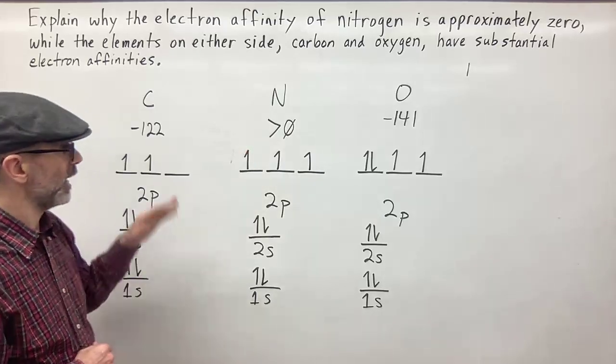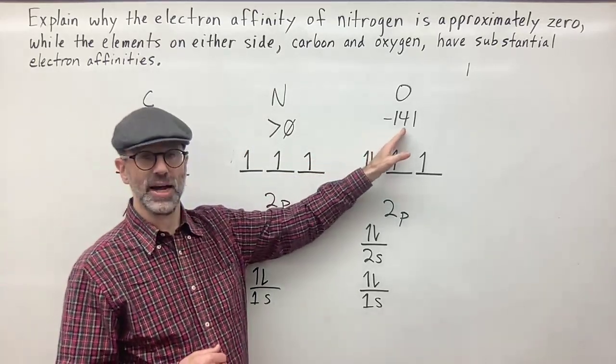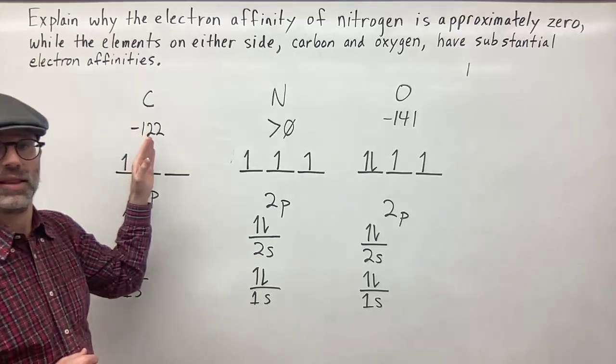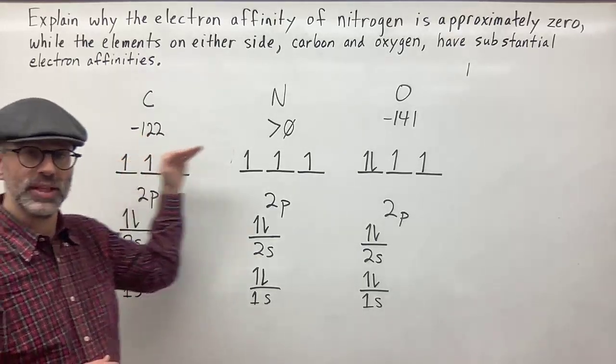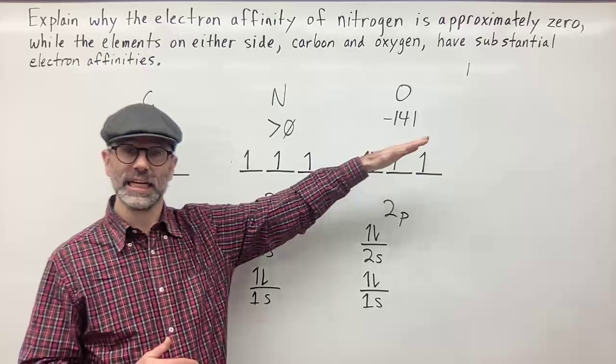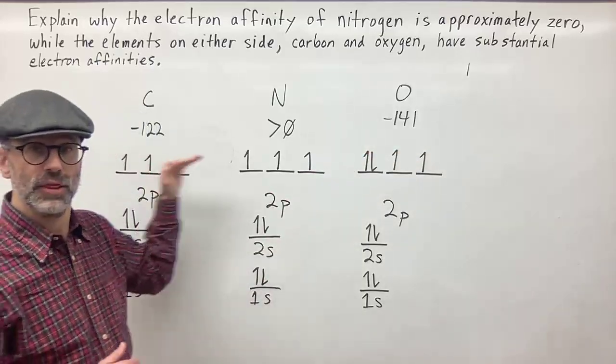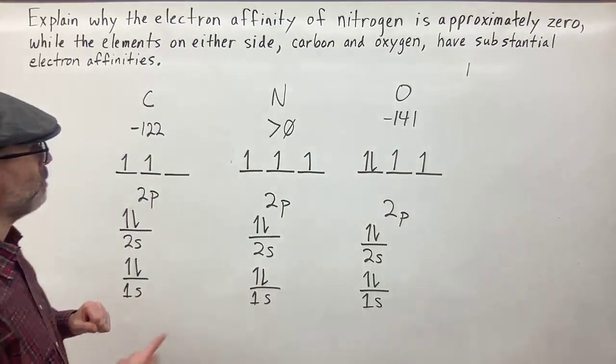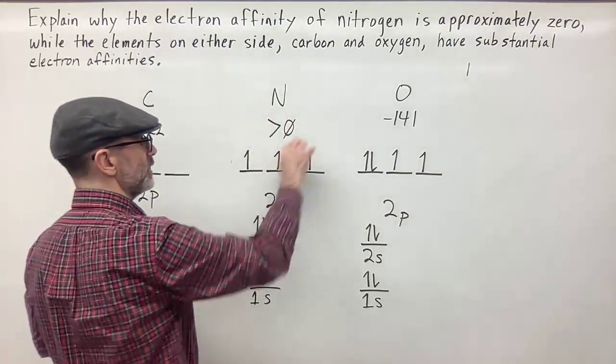And oxygen has a higher electron affinity than carbon. So generally speaking, the trend is the electron affinity increases going this way, okay? But what's going on here, that's the question.